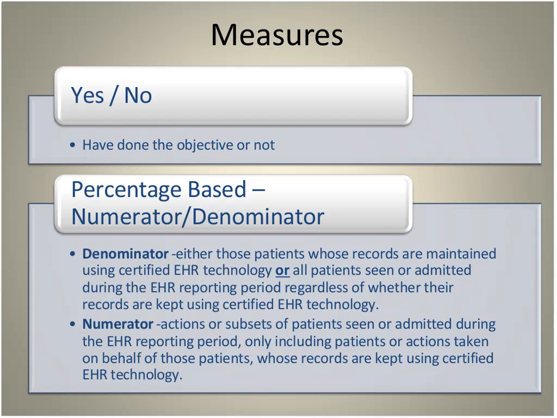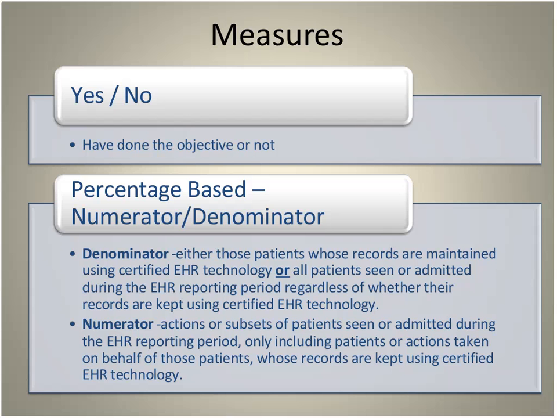Second would be all patients seen or admitted during the reporting period, regardless of whether their records are kept in the certified EHR. So one is, I guess you can think of it as a subset of the other. You have total patients, or only those patients whose health information is maintained in the certified EHR.